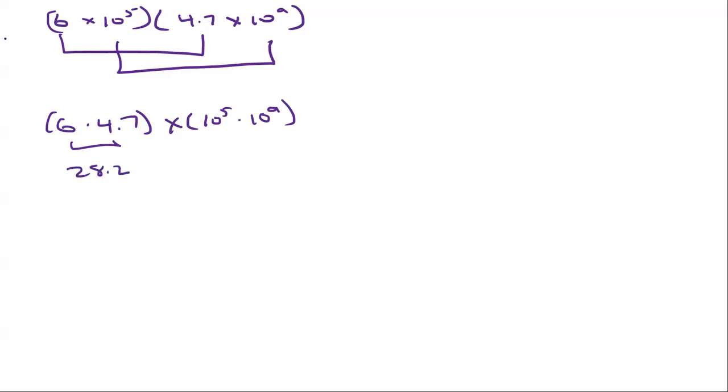Now, if we look at this one here, how do we do this? Well, remember the rule: if you have, say, x to the third times x squared, you just add the powers. So that's 3 plus 2, which gives you x to the fifth.